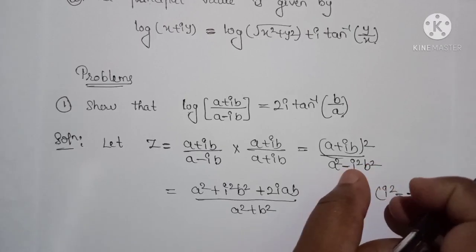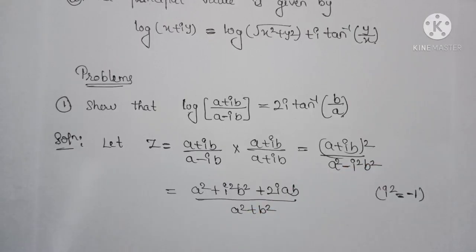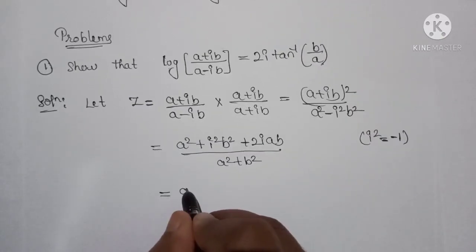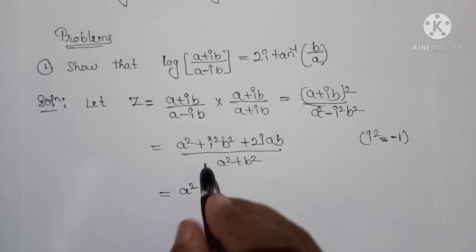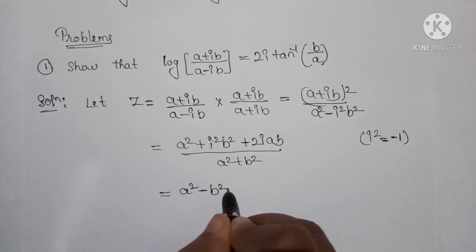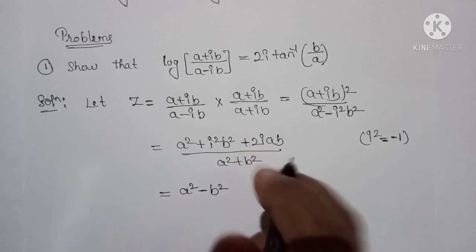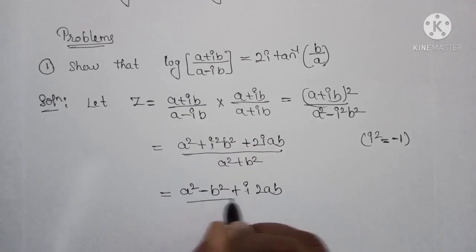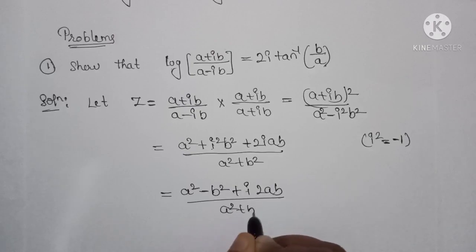Substituting the i square value, we get a square minus b square, which is the purely real part, plus i times 2ab divided by a square plus b square.